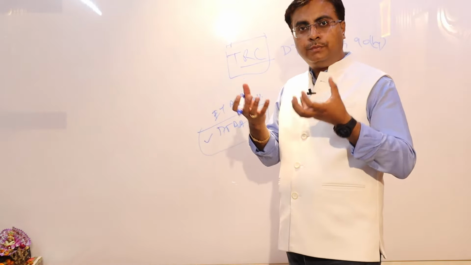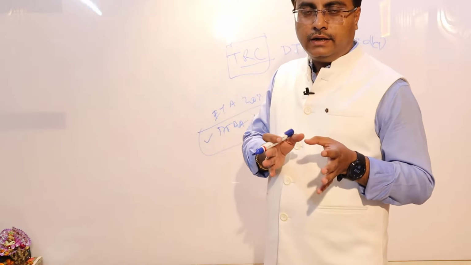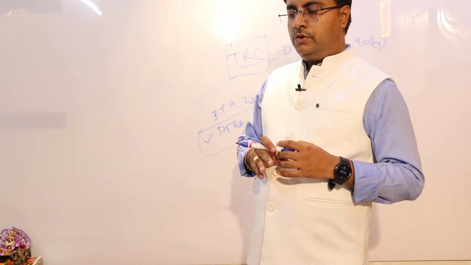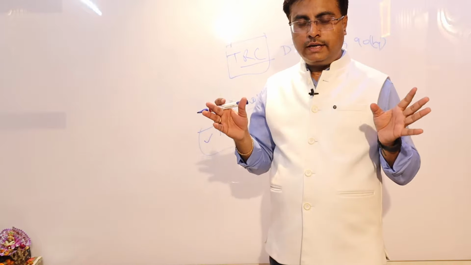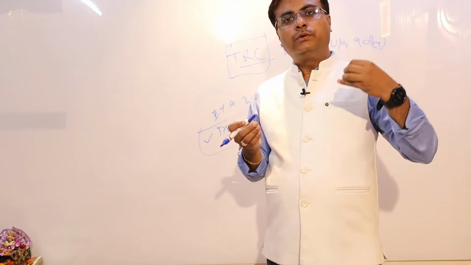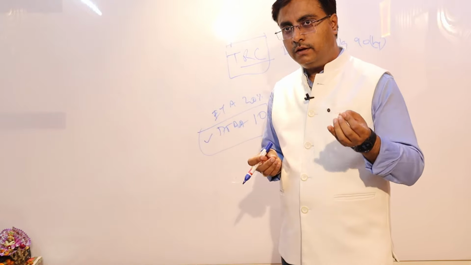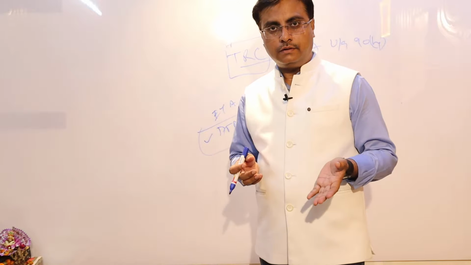TRC certificate should be availed before deduction of TDS, that is, before getting a Form 15CV. So the most favored nation clause is very important. Some countries have a 20% withholding tax rate in respect of dividend.